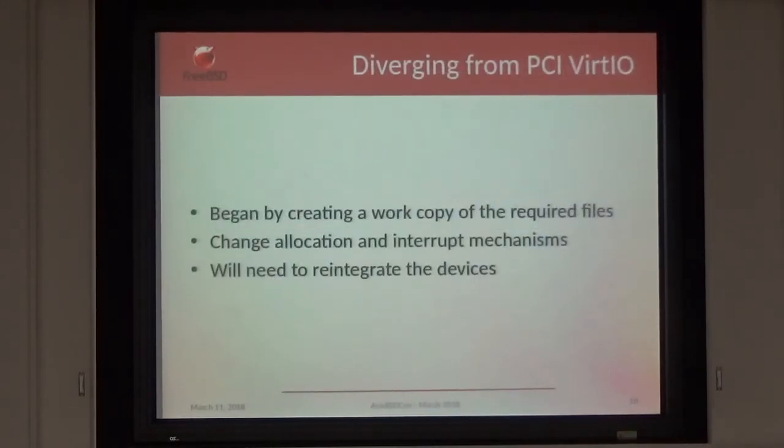So when diverging from the PCI implementation of VirtIO devices, I began by creating a separate copy of the files. I did this because I didn't quite know how much of a difference between the implementations was required. I have changed the memory allocation and the interrupt mechanisms because, as Mihai said previously, the interrupts are not compatible between the GIC and the APIC implementations.